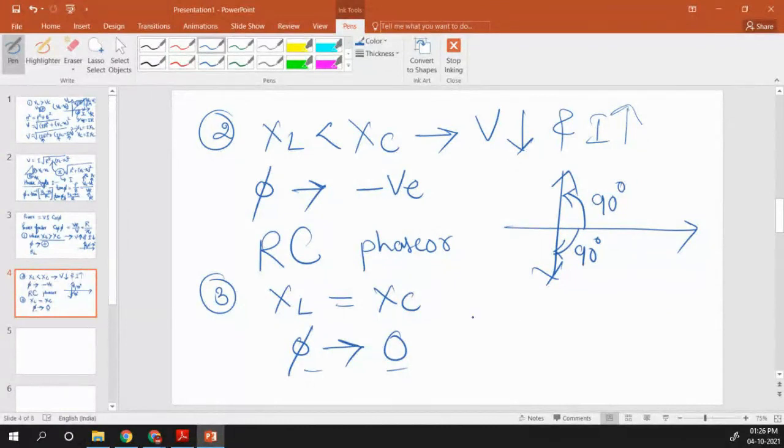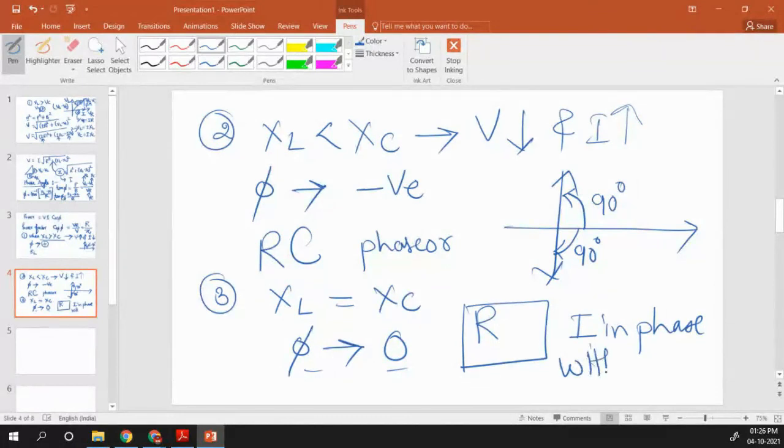So it will behave like a purely resistive circuit. And you can also say that this current is in phase with the voltage.